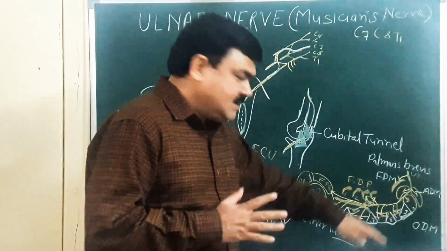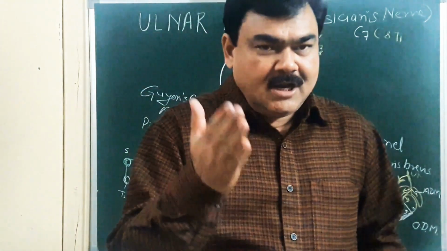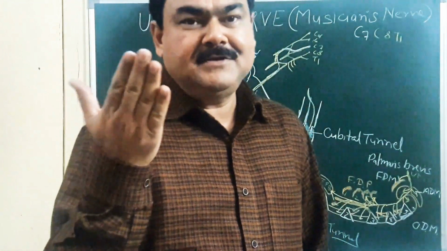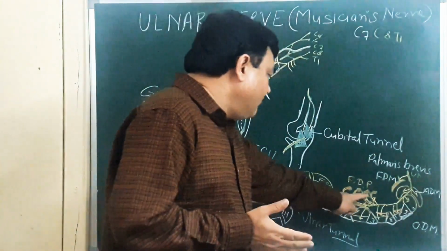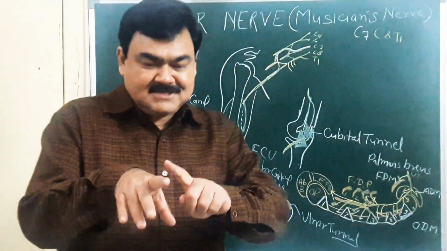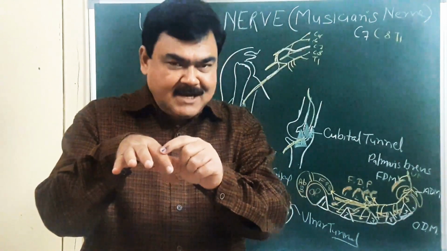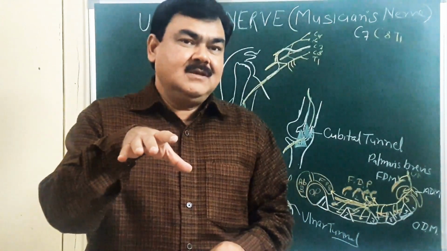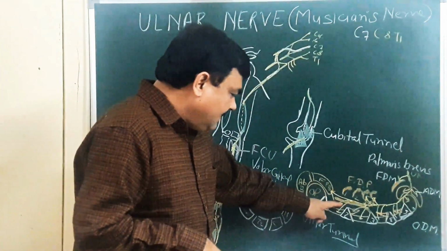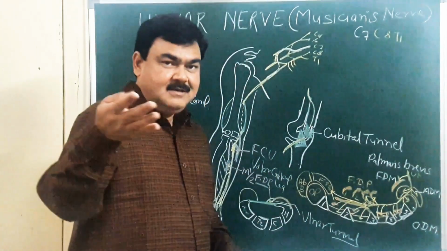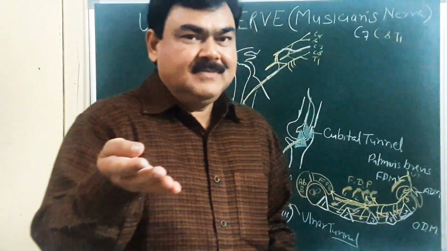The palmar interossei are adductors and dorsal interossei are abductors of the fingers. Then the third and fourth lumbricals. Lumbricals are flexors at the metacarpophalangeal joint and extensors at the interphalangeal joint. And another muscle, adductor pollicis, which causes adduction.